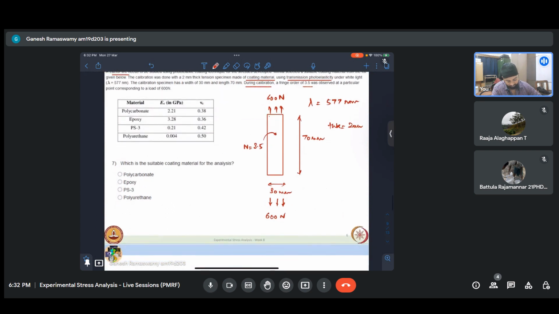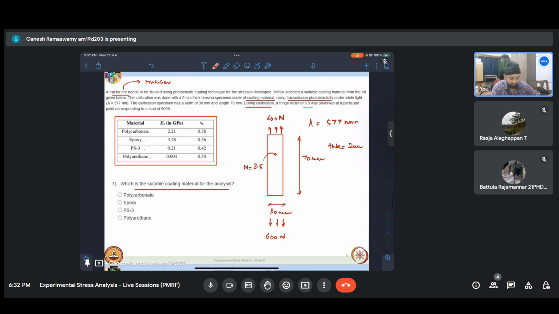Okay, so with this, we have some data given here in this table. For the material polycarbonate, EC and mu C are given. Similarly, for epoxy, PS3 and polyurethane are given. Which is the suitable coating material for the analysis is what we are asked. What we need to understand here is that we are dealing with rubber, which in itself is a soft material.